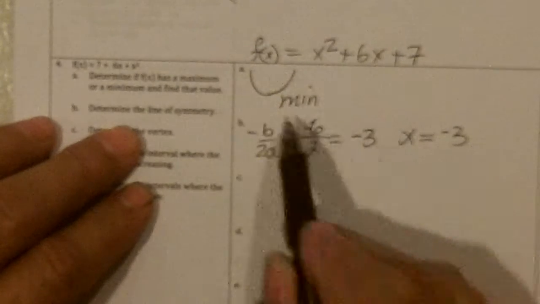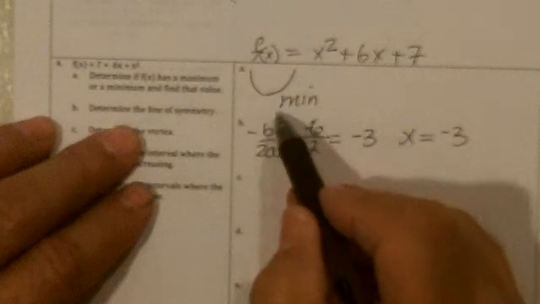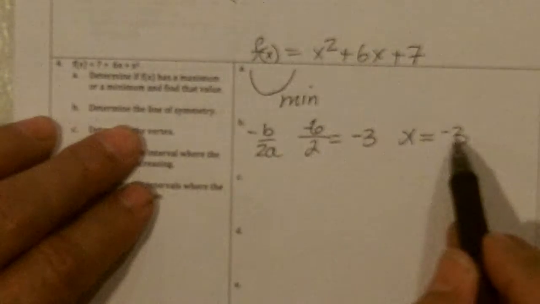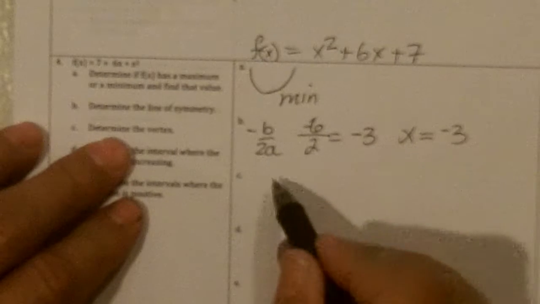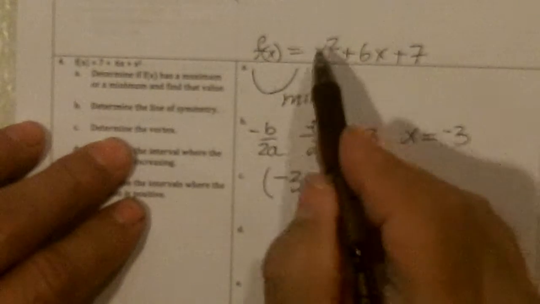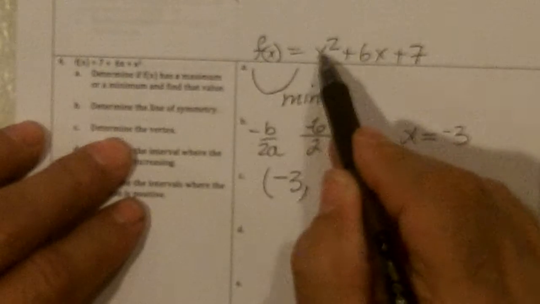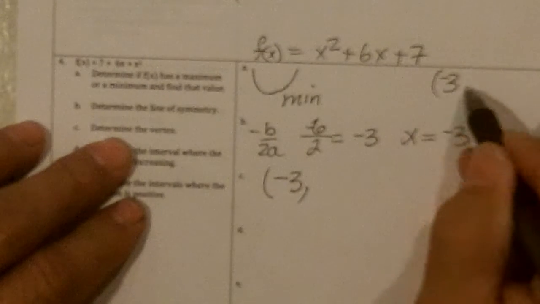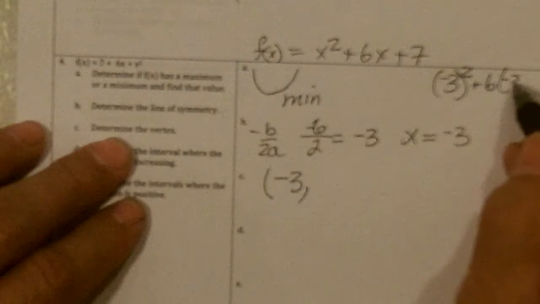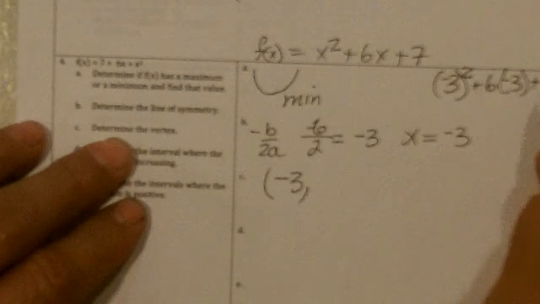And that minimum is going to be on there, but the minimum is how low or high it is, and in this case low, and that's going to be the rest of the vertex. So let's finish finding the vertex: minus 3, and plug minus 3 into the equation. Negative 3 squared plus 6 times negative 3 plus 7.